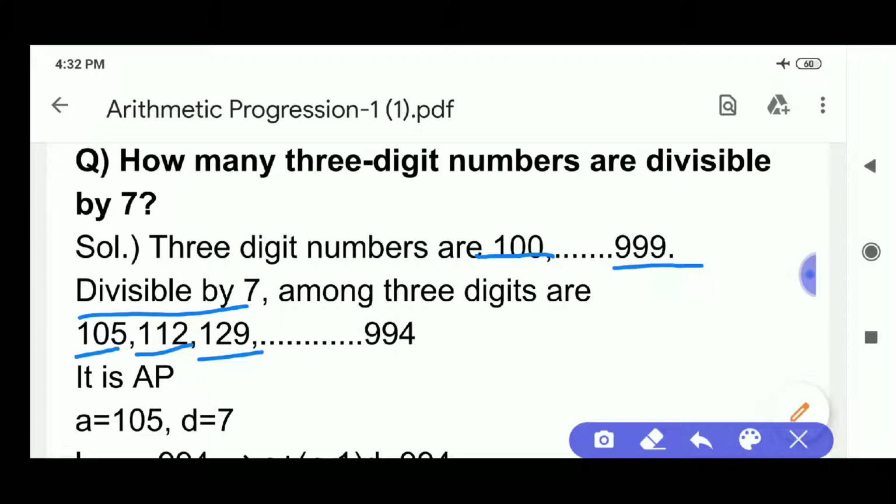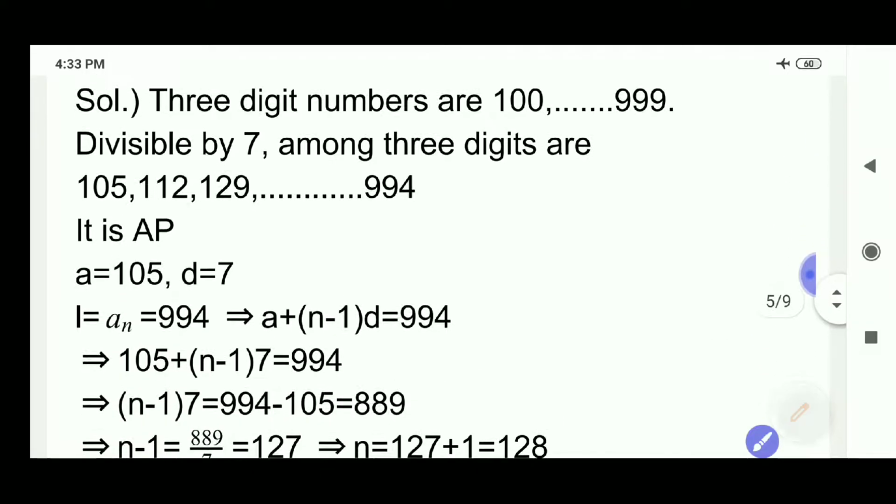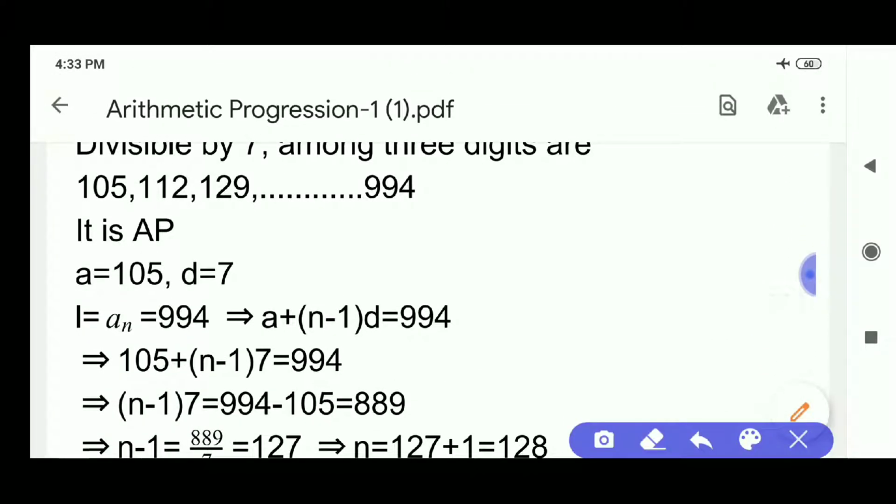So on and so on. The last one is 994. Observe this pattern. It is an arithmetic progression. So the first term is 105 and the common difference is 7. The last term L is equal to AN, which is 994.